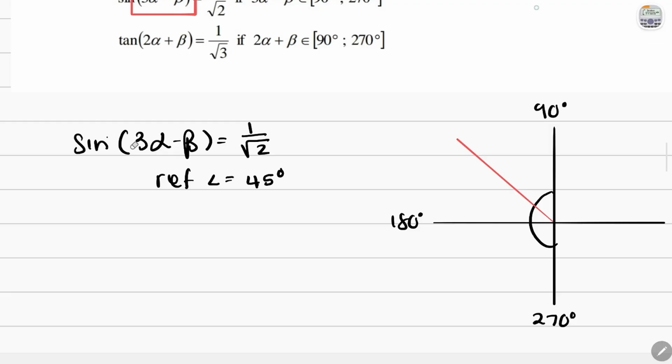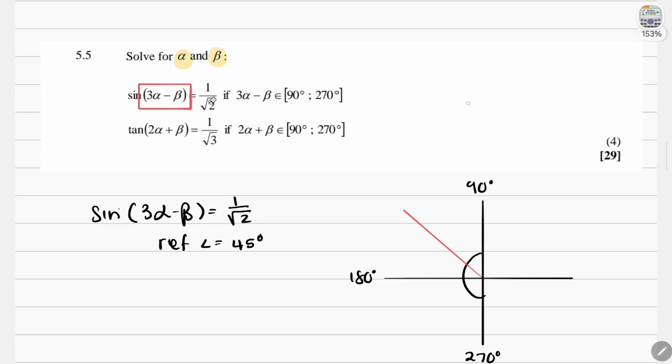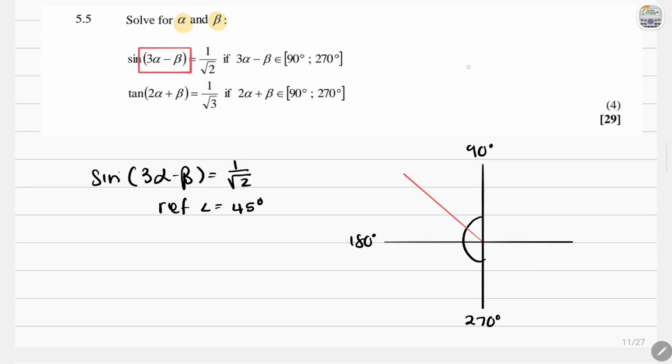But we can clearly see that 3 alpha minus beta, this angle we're referring to, because this is positive, it's either between the second or the third quadrant, but we know it's in the second quadrant because sine is positive in the second quadrant. If our reference angle is 45 degrees, we're going to use sine's quadrant to find out what 3 alpha minus beta is. There's no confusion. We're not saying we're using the first quadrant or the second quadrant.